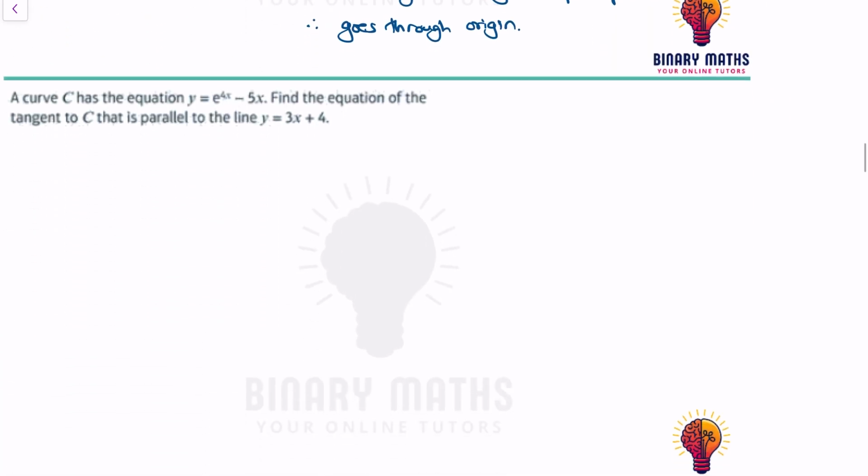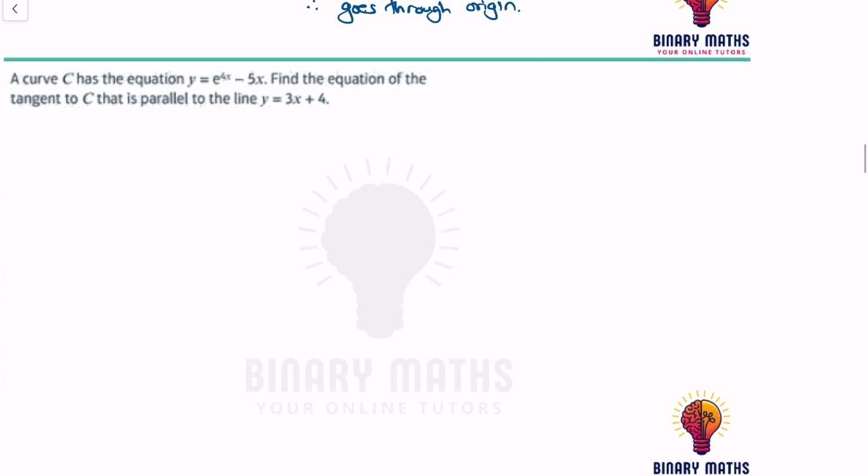Okay, if curve C has equation y is equal to e to the 4x minus 5x, find the equation of the tangent to C that is parallel to the line y equals 3x plus 4. If it's parallel to the line, y equals 3x plus 4 implies the gradient is equal to 3.